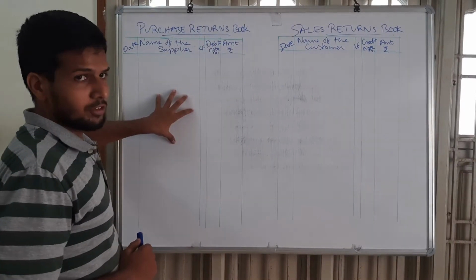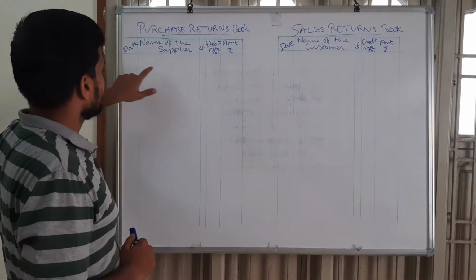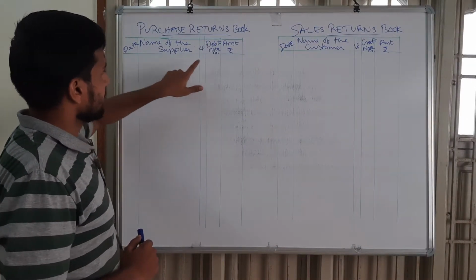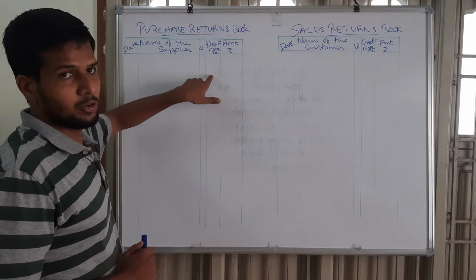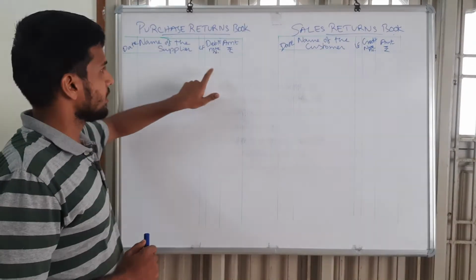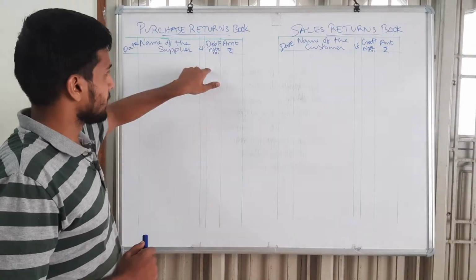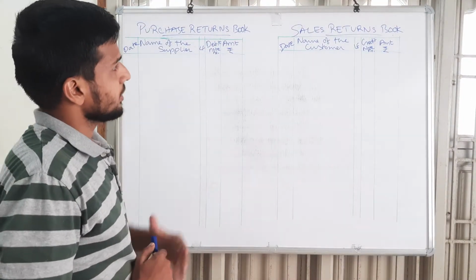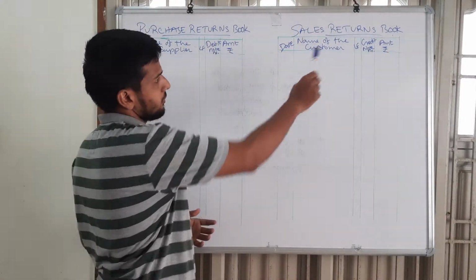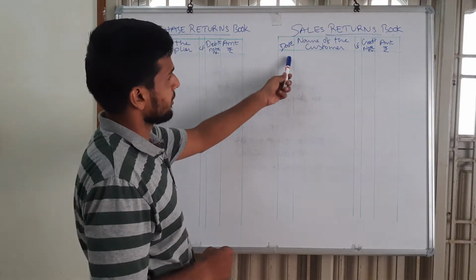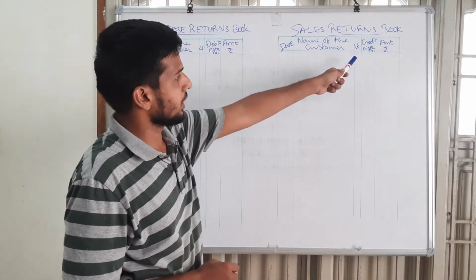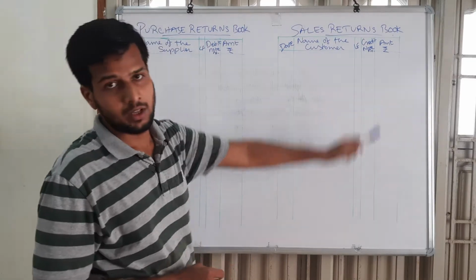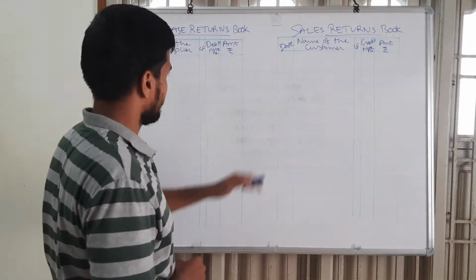In the purchase returns book, we have the date column, name of the supplier column, then ledger folio, debit note number, which is very important, and the next one is the amount column. And here we have the sales returns book. The columns are date, name of the customer, ledger folio, credit note number, and amount column, which are essential columns.